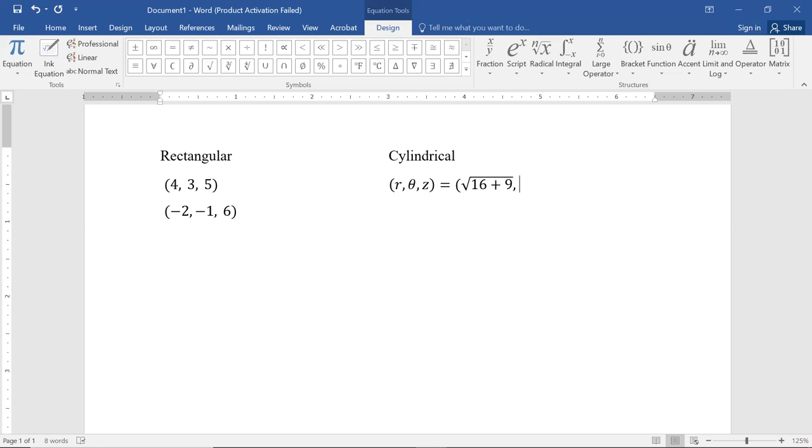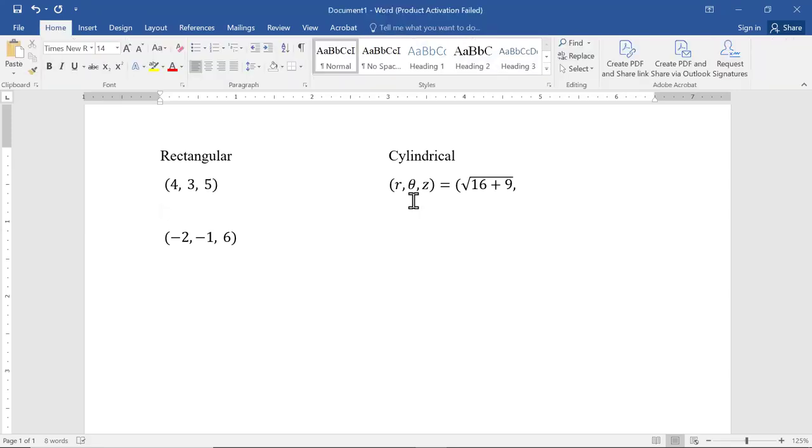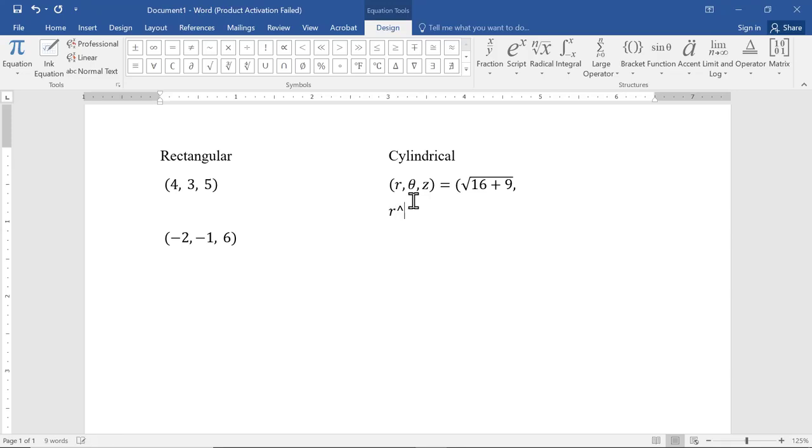So if I take this positive square root, I'll get a positive r. So let's say r squared is equal to 4 squared plus 3 squared, which is equal to 25. So r is going to be 5. I'll just write it here that way. That's probably easier to see.